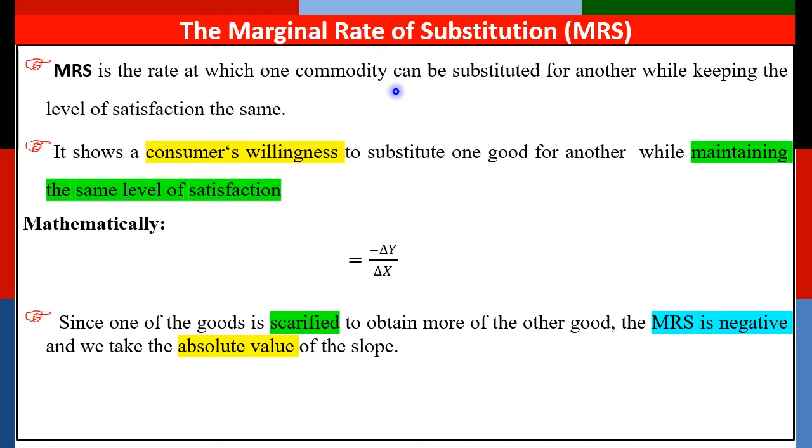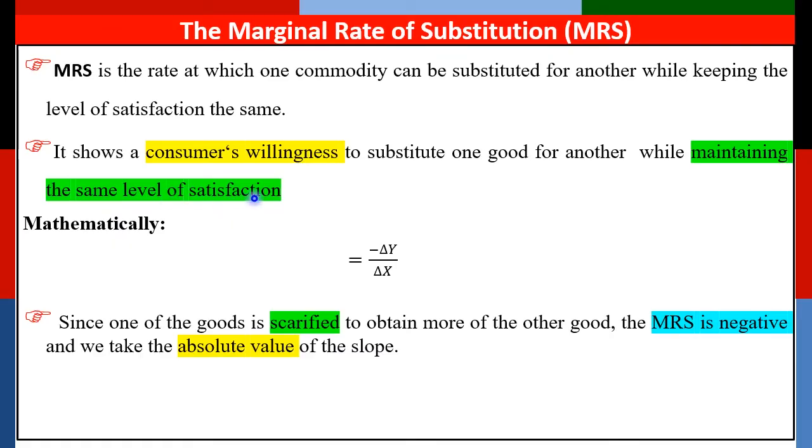Marginal rate of substitution shows the consumer's willingness to substitute one good for another while maintaining the same level of satisfaction. When the consumer reduces the amount of one commodity and increases the consumption of another commodity, the satisfaction or the happiness of the consumer never changes. It is the same.